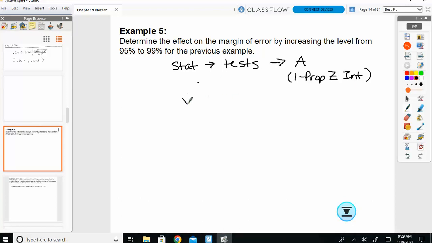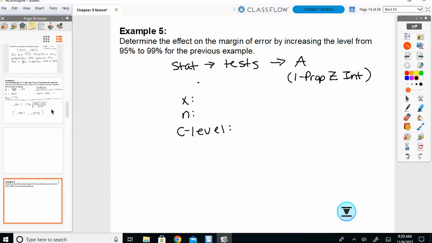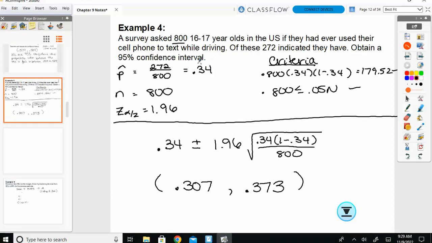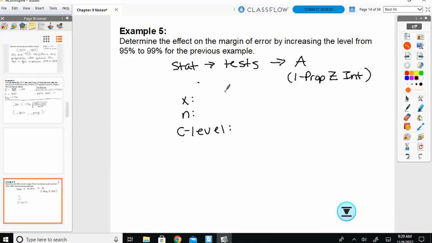Okay, when it comes up, it's going to ask you x, n, and C-level. So my x in this case was what? Just like when we calculated our p hat, 272. My n, my total population, was 800. My confidence level, I want 99% this time, so 0.99.